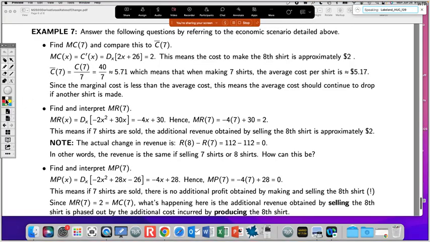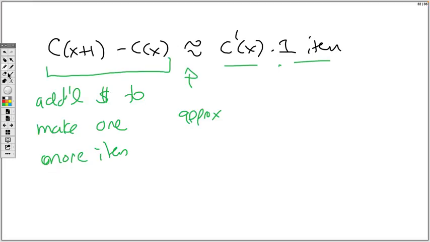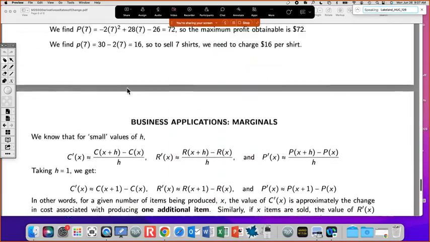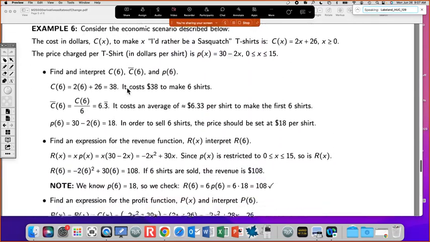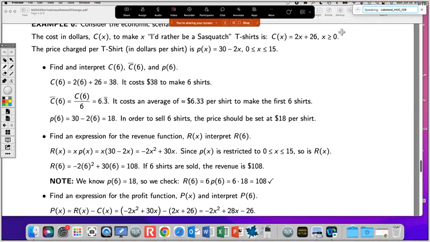All right, so we've got this economic scenario above. You can review this example in the privacy of your own home, but we're going to use this to talk about marginals and averages. So here's the cost in dollars to make x t-shirts.